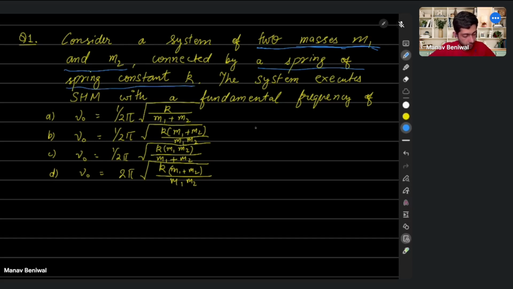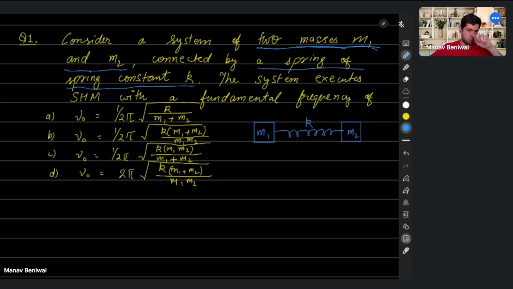So if we draw a diagram, it will look something like this. Okay, so this will be k, this will be m1, and this will be m2.